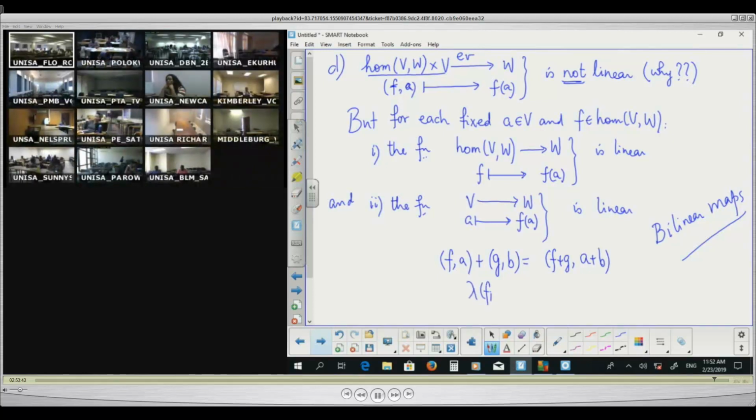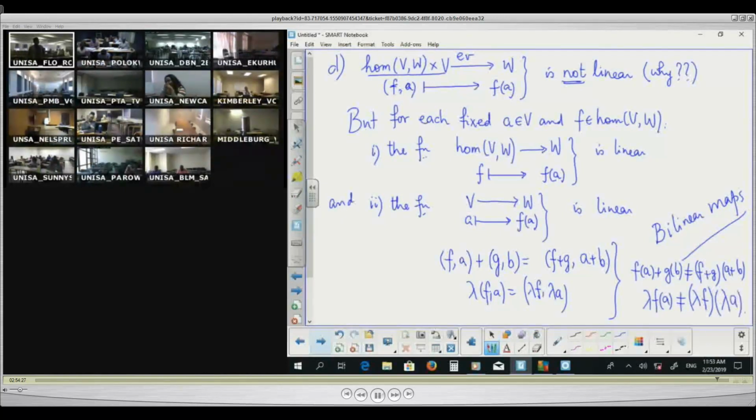What I'm trying to say is that the evaluation on this pair will not satisfy the equation. This will not be true. But this will always be. You see, lambda times F evaluated at A is also not always true; the lambda times F evaluated at lambda A. Okay? So this is not going to be a linear map.